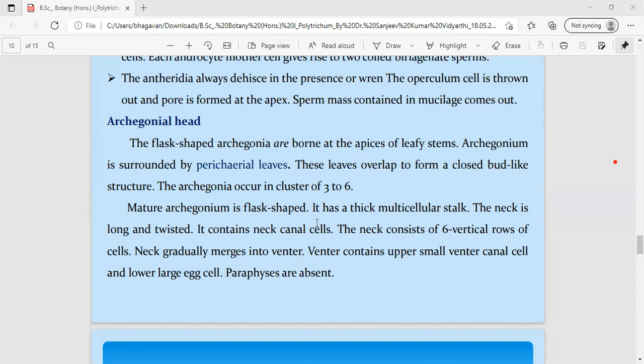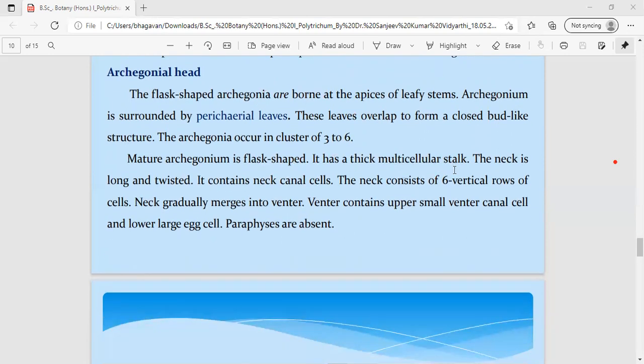Right. So the archegonia are going to be surrounded by the perichaetial leaves, which are the spirally arranged leaves protecting the archegonia. And the archegonia are the flask-shaped structures, which have a basal multicellular stalk.